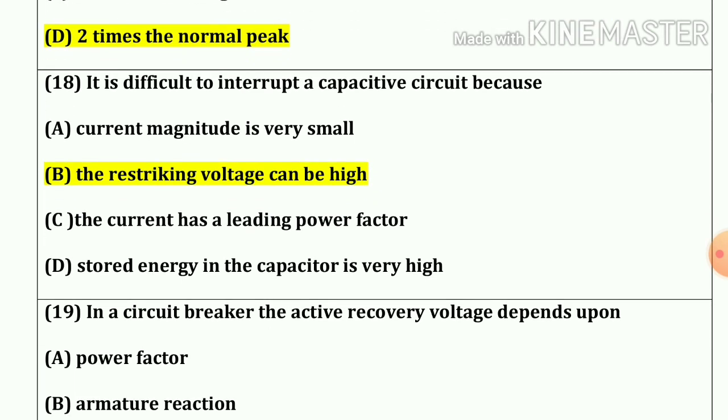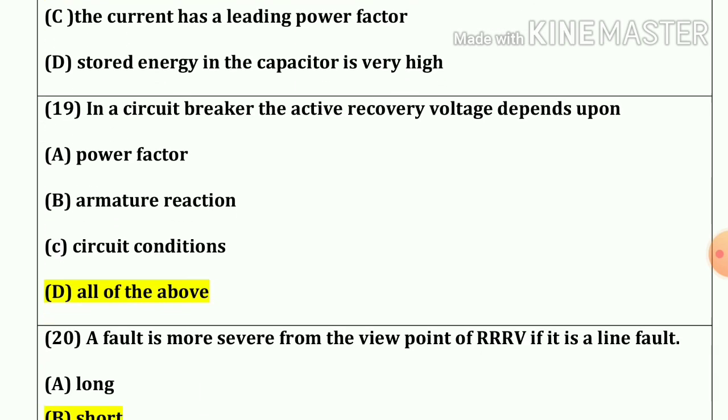It is difficult to interrupt a capacitive circuit because the restriking voltage can be high. Now question number 19. In a circuit breaker, the active recovery voltage depends on all of the above. That means it depends on the power factor, armature reactions and circuit conditions also.